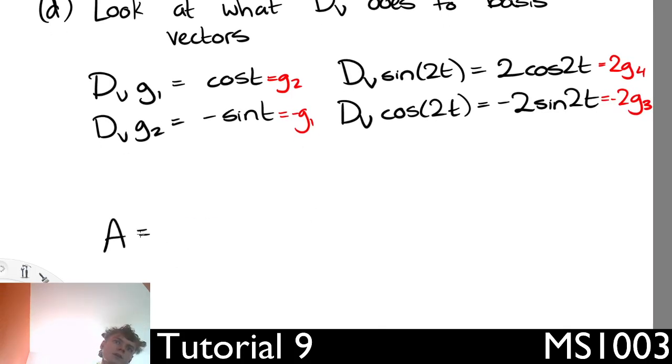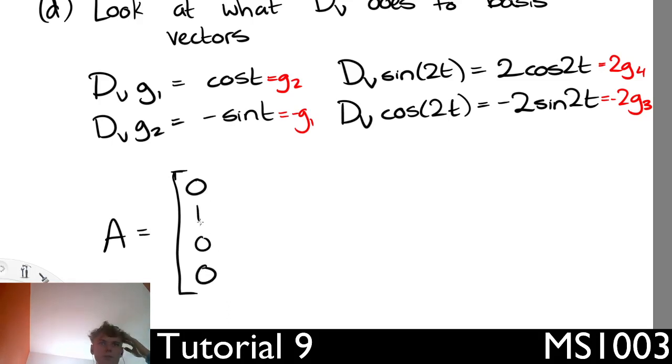So the matrix is going to be made out of, the columns of A are going to be made out of what D does to our basis vectors. What it does to the first basis vector g1 is send it to g2. So I have (0, 1, 0, 0). So the first column is just g2. The second column is minus g1, so I get a minus 1 up here for g1, 0 everywhere else.